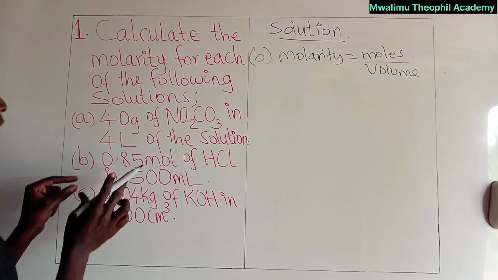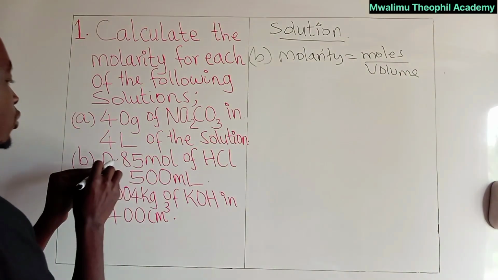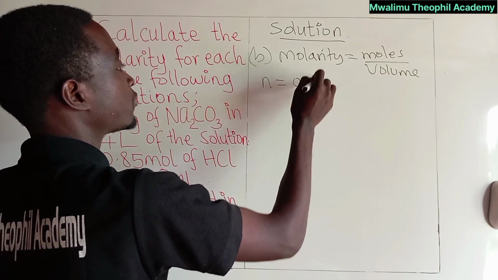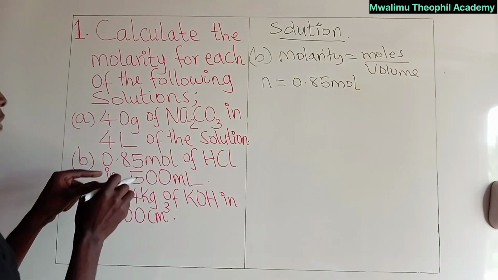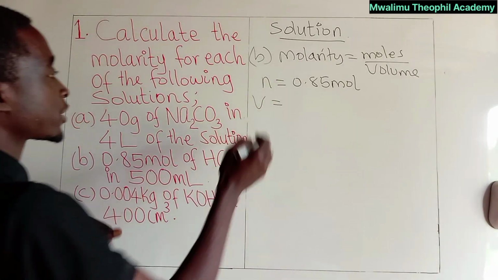The data given in this problem, in terms of moles, is 0.85. Number of moles is equal to 0.85. What about volume? We are given 500 milliliters.